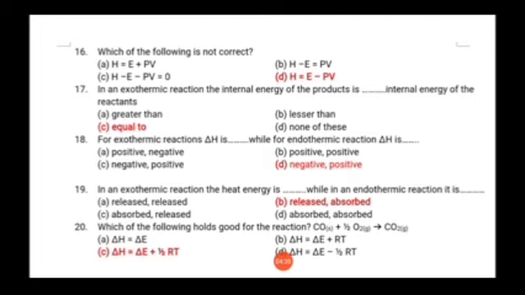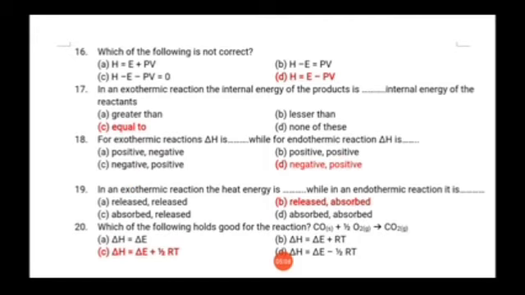Next question. For exothermic reactions, delta H is blank, while for endothermic reactions delta H is blank. Here there are 2 blanks, so 2 options in each category. A is positive negative, B is positive positive, C is negative negative, and D is negative positive.